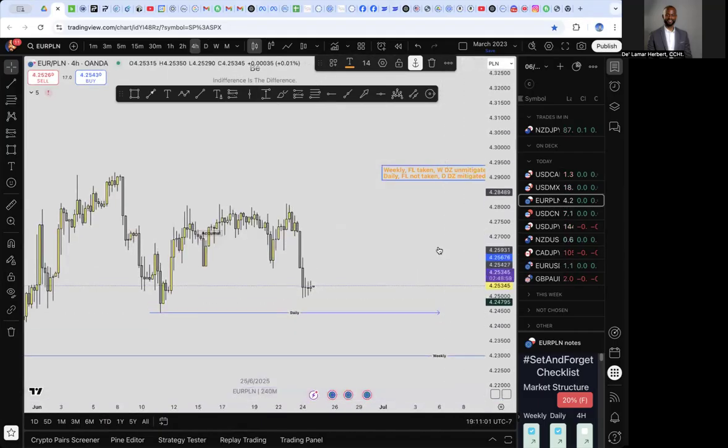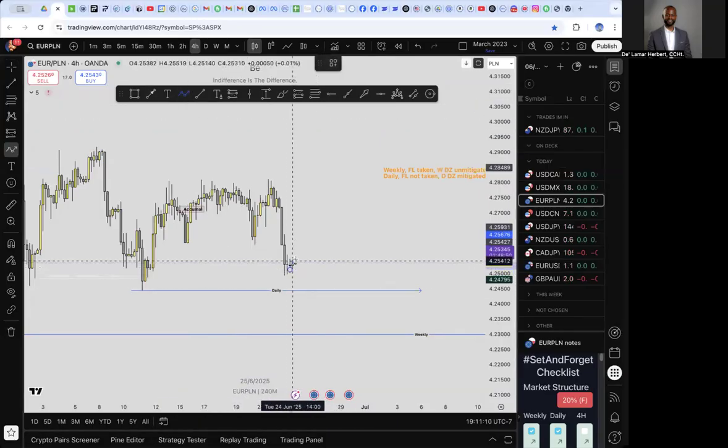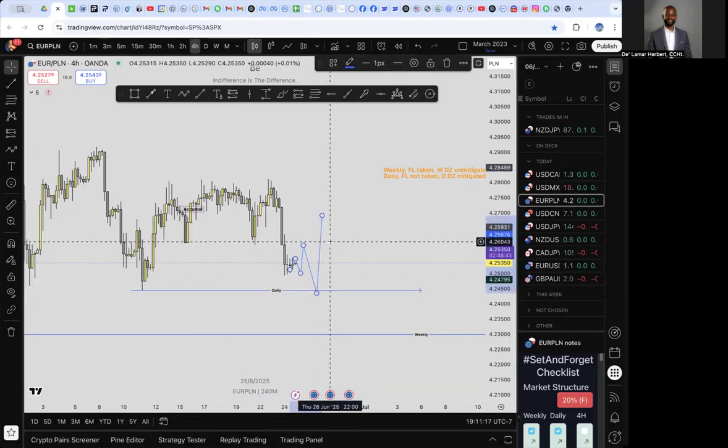Right now we just want to see in context, are we close enough for that to happen? Absolutely. We can definitely see what's happening right now. It could simply be a first high forming on the 4 hour. We could take that and then touch that demand zone and then dip up to the top.